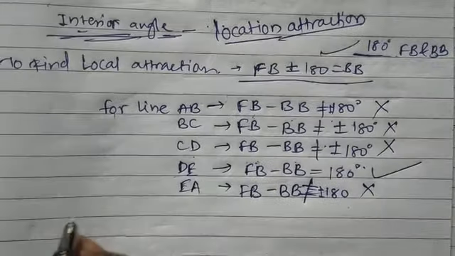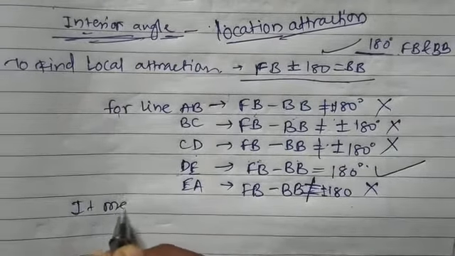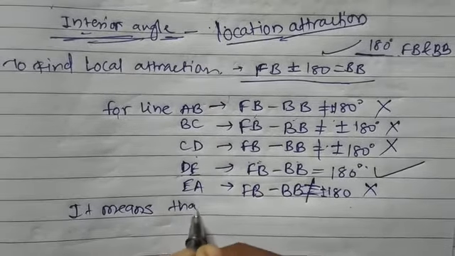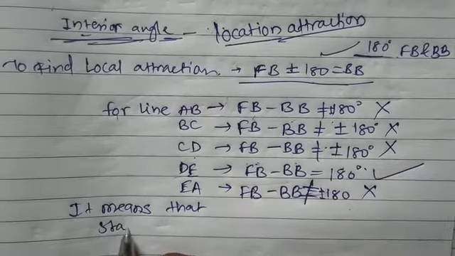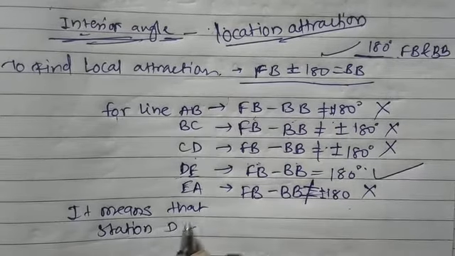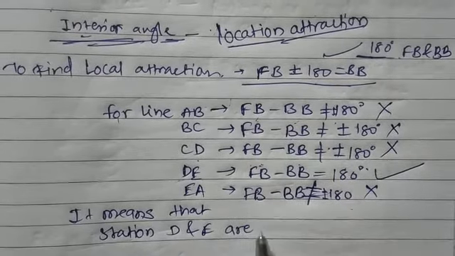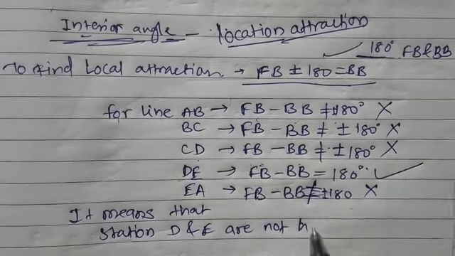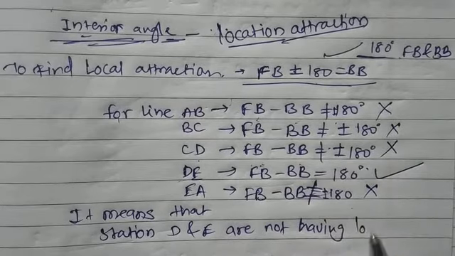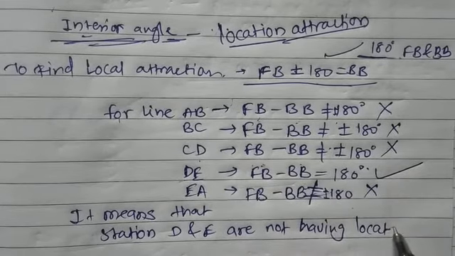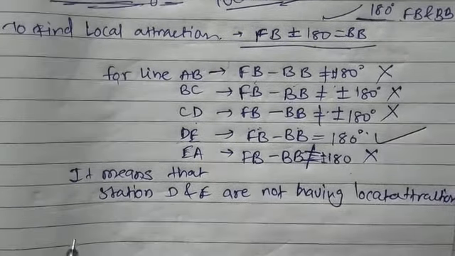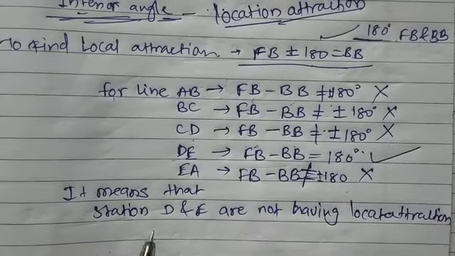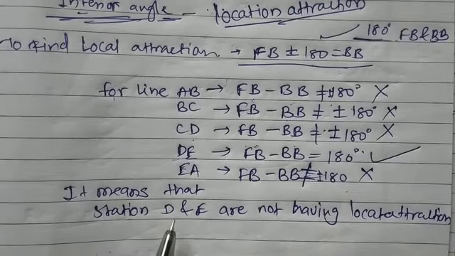It means that stations D and E do not have local attraction. Now we have information about which stations have local attraction.